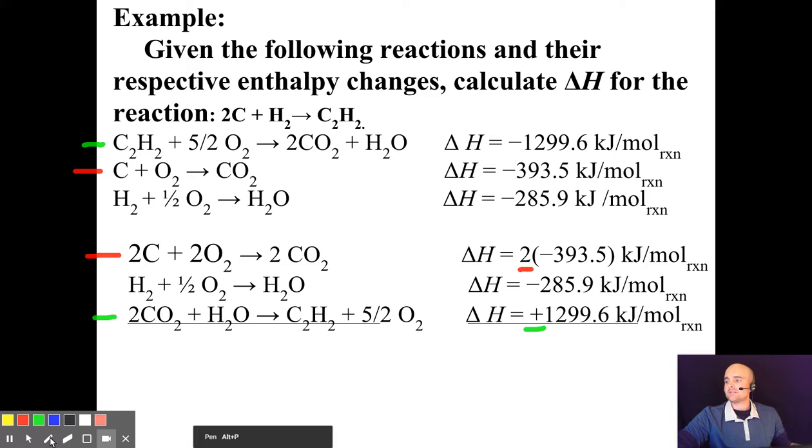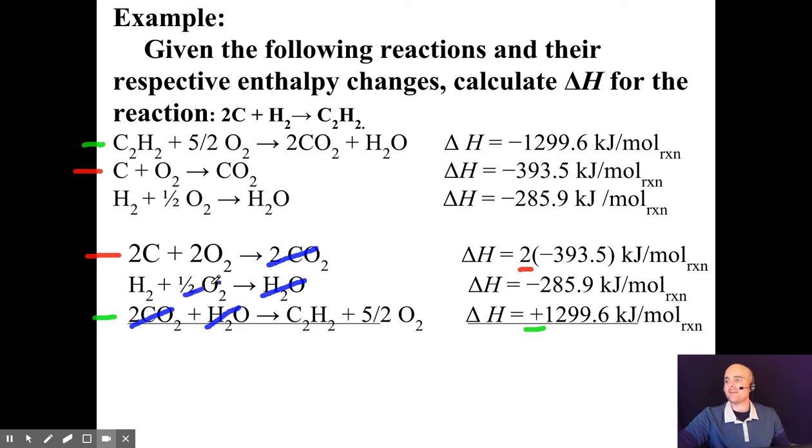By doing this, when I go through these, you can do this in these questions. There are two carbon dioxides on the left and two carbon dioxides on the right. There's one water on the left and one water on the right.